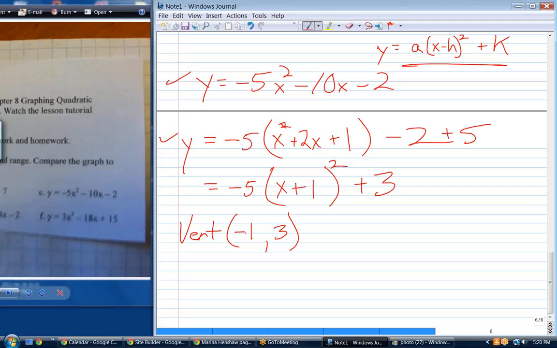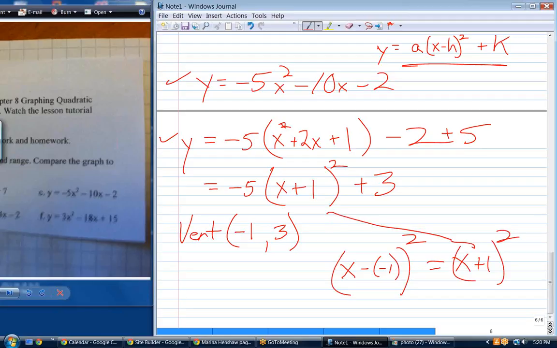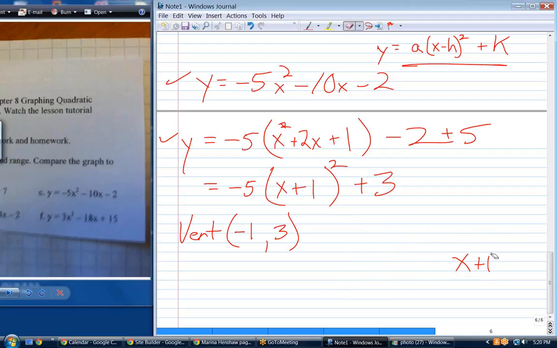And by using minus 1, what I'm now saying is I have x minus a negative 1 quantity squared. Well, that's the same as x plus 1 quantity squared, and that's what I have. Therefore, working backwards, h must be minus 1. And the plus 3, I've got plus k, so k is also plus 3.